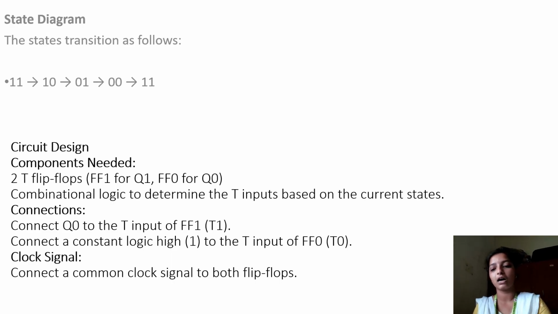Circuit design: we need two T flip-flops, FF1 for Q1 and FF0 for Q0. Combinational logic determines the T inputs based on the current state. Connections: connect Q0 to the T input of FF1, connect a constant logic high 1 to the T input of FF0, and connect a common clock signal to both flip-flops.